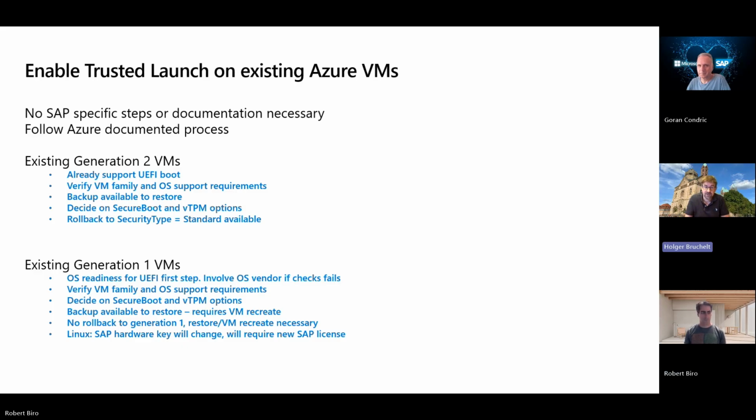Especially if I'm already on Gen 2 and I just need to enable it, then it is probably even easier, but potentially also for existing Gen 1 servers. Absolutely. The nice benefit is it gives the upgrade path from any old generation 1 VM to generation 2, which has been blocked or unavailable until now.